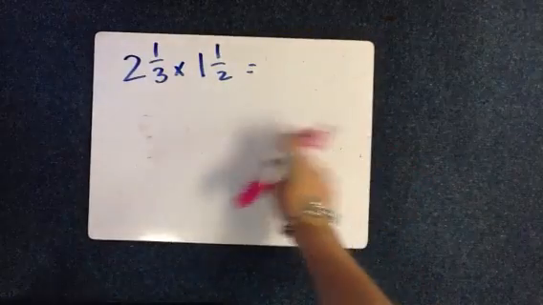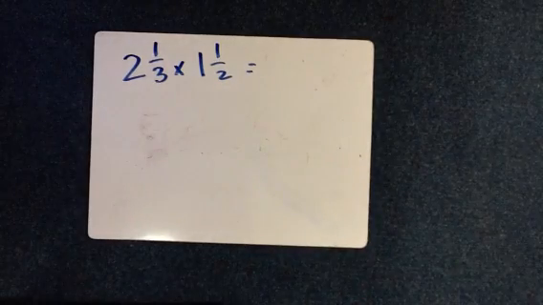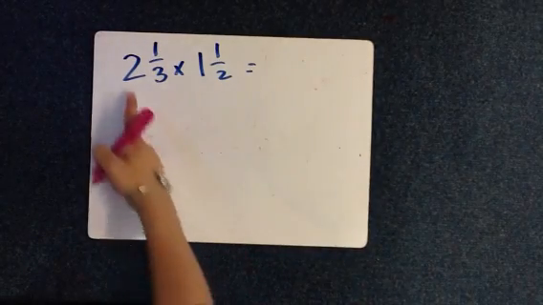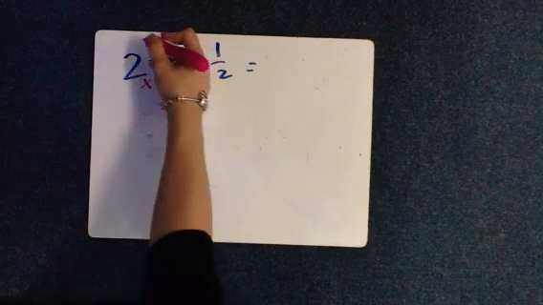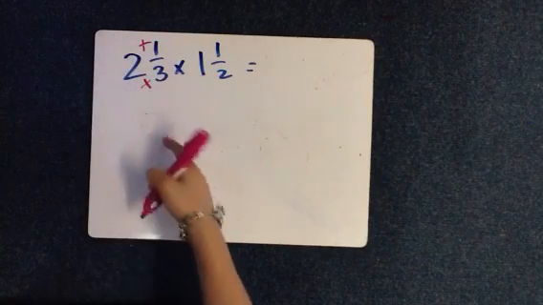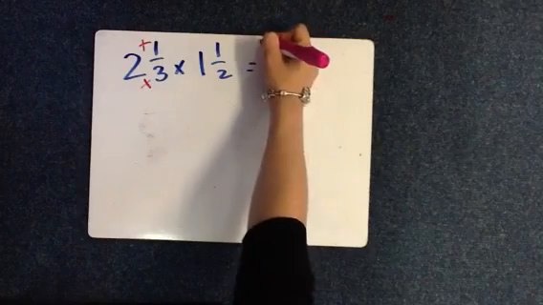Problem number 2. 2 1/3 times 1 1/2. Okay, so do the same thing again. Whole number times the denominator, adding the numerator. So 2 times 3 is 6, plus 1 is 7.